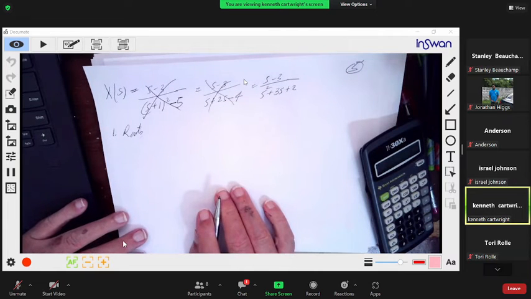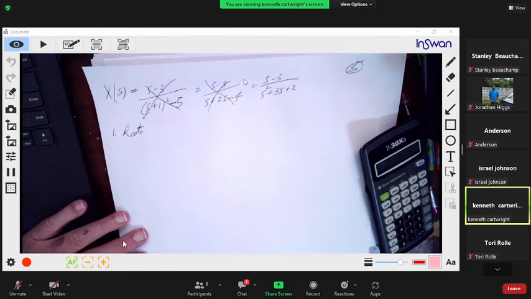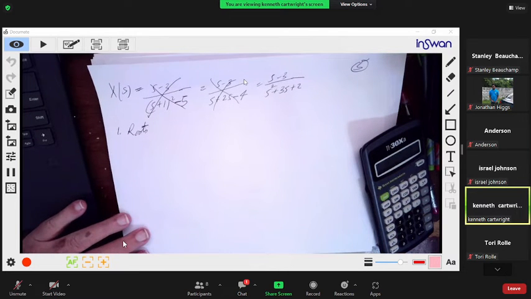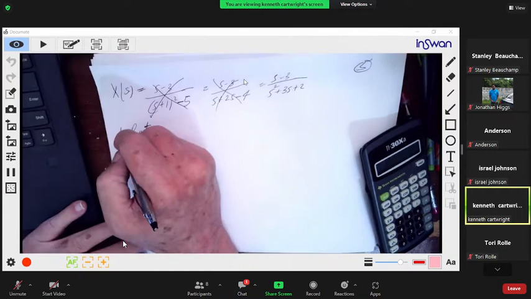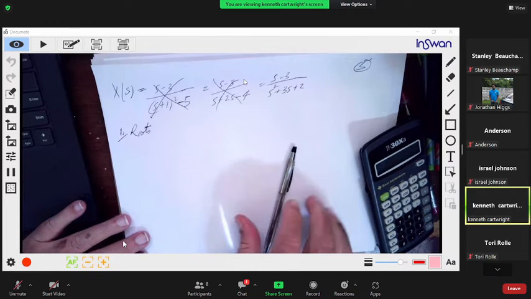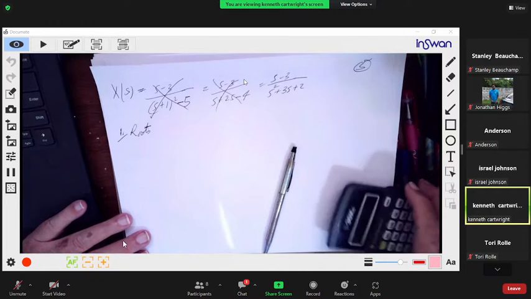What are the roots? What are the roots of the quadratic? Send me the roots by chat.